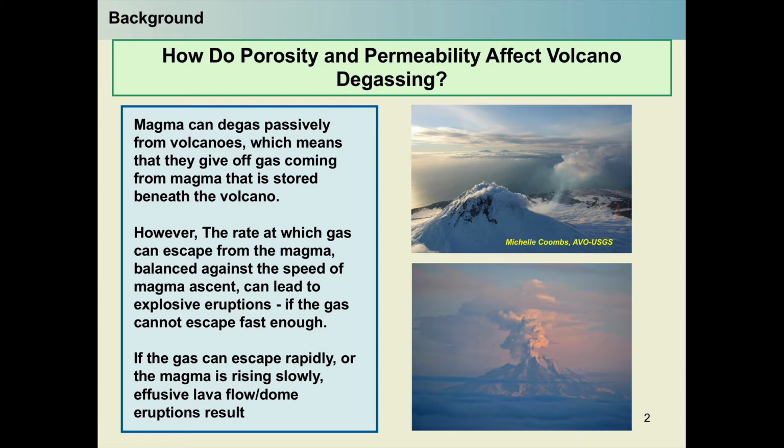Magmas sitting in the crust underneath a volcano can degas passively, which means they give off gas while stored beneath a volcano. I have a picture here of Augustine volcano from Michelle Coombs, and you can see some steam coming out of Augustine, and then this bluish cloud going down the flanks of the volcano.